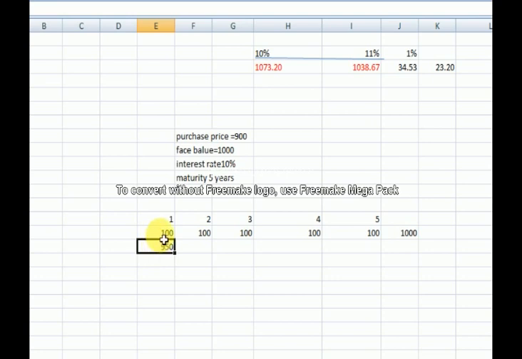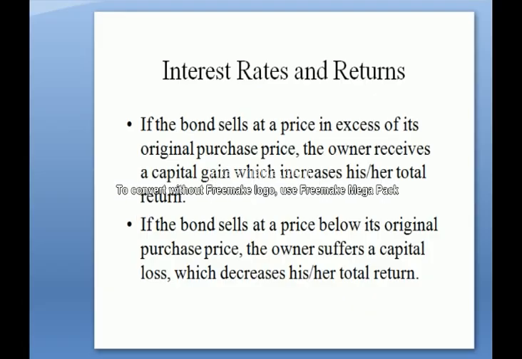So here I received the 100 interest plus the $50 capital gain. So now this 150 is the return on the bond. Clear or not clear? Hope you will understand this one.